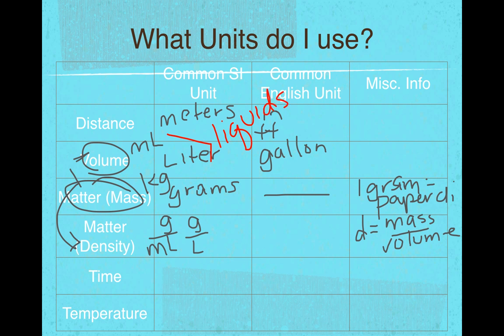If we are talking about a solid, okay, we have a different volume unit, and that volume unit is going to be centimeters cubed or meters cubed. Okay, big difference.